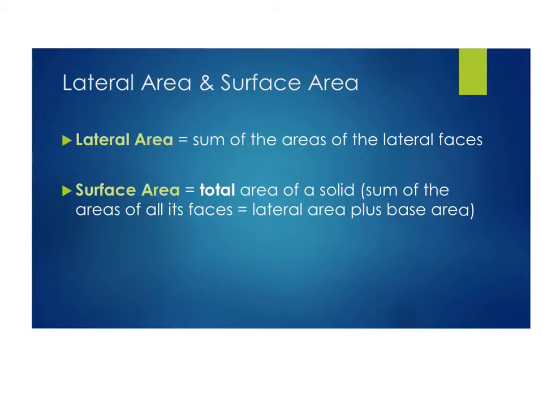Surface area, or total area, and you're going to see these names interchanged, is the sum of all the areas of its faces. So basically it's going to be the lateral area, the LA, plus the area of the base. And when it's a prism, we're going to have two bases, the top and the bottom. But when it's a pyramid, there's only one base and then all the lateral faces.